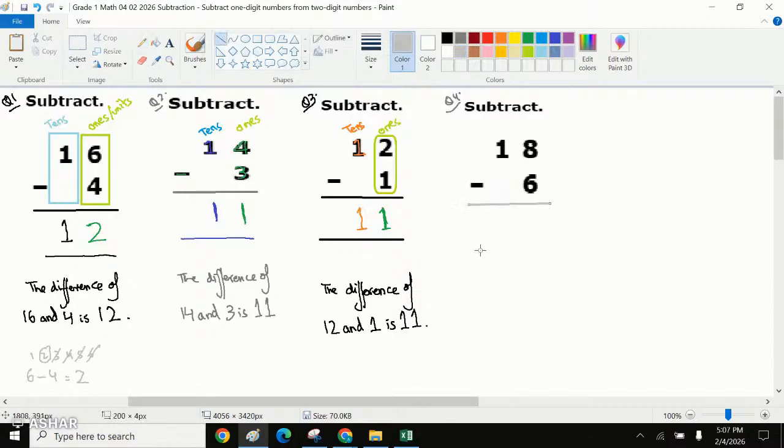So if we need to subtract 6 from 18, what we can say is these are the ones, whereas these would be the tens. So we subtract the ones first. 8 minus 6 would be, what should be 8 minus 6?